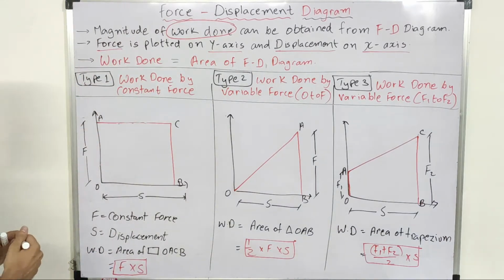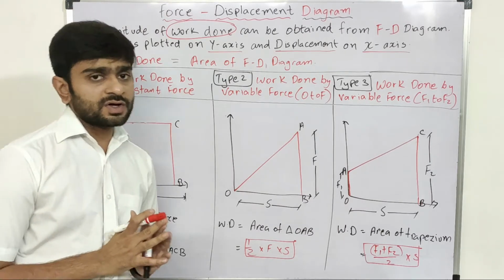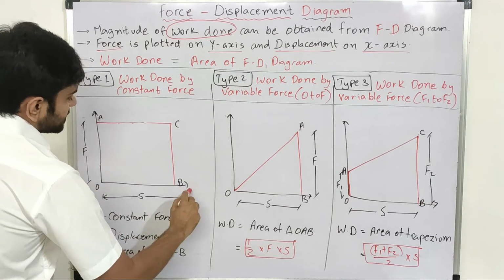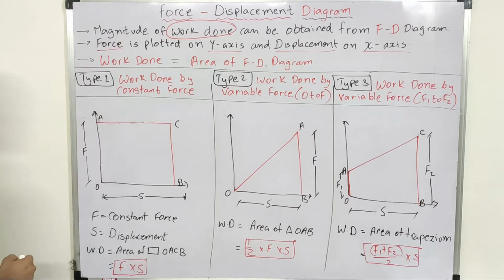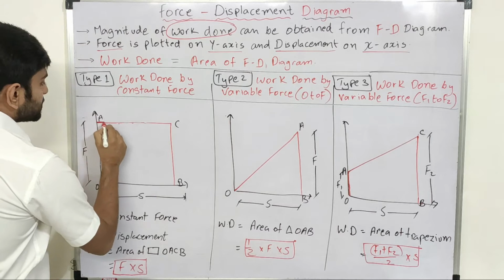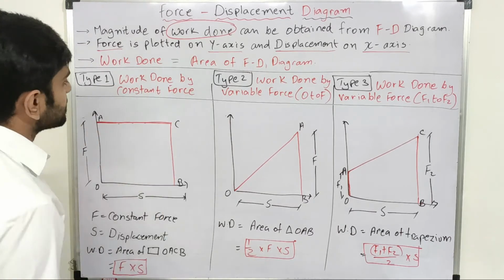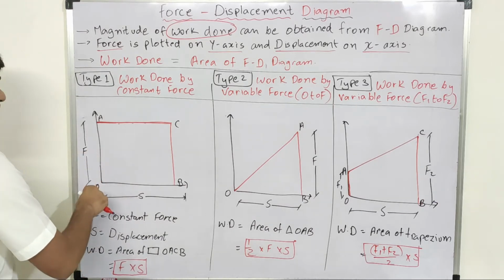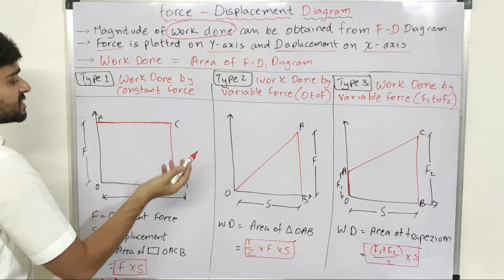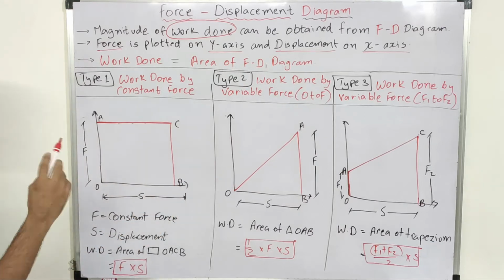Talking about type 1, work done by constant force, how can we calculate the work done by this graph. Here we have plotted displacement on x-axis and force on y-axis, and because this force is constant, the value is constant throughout the displacement.